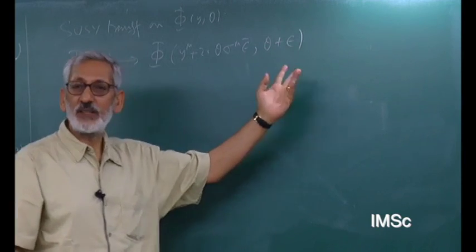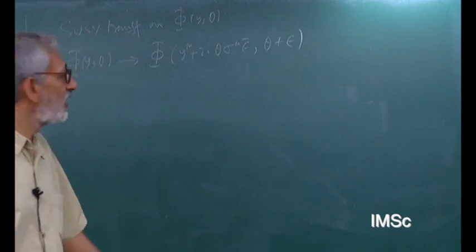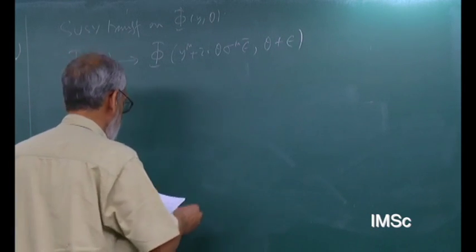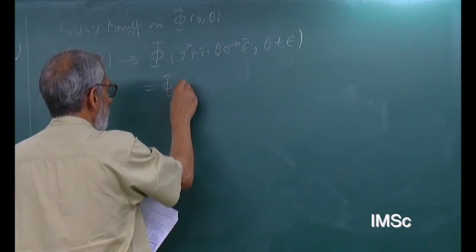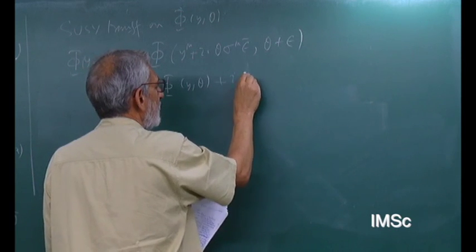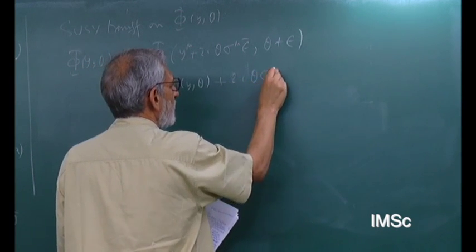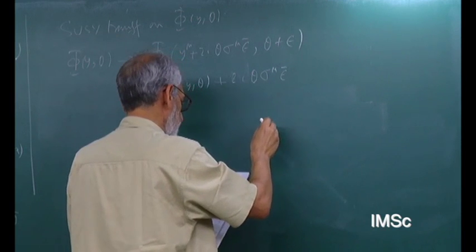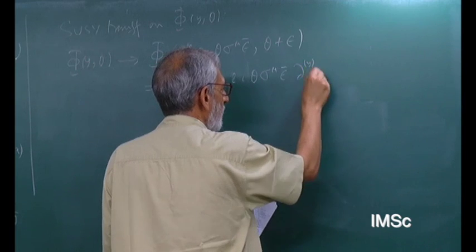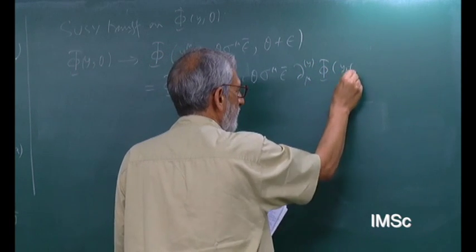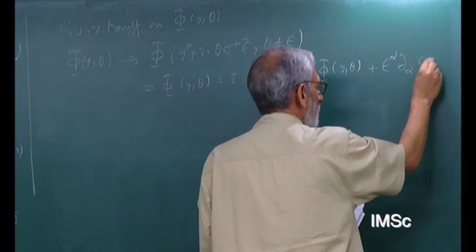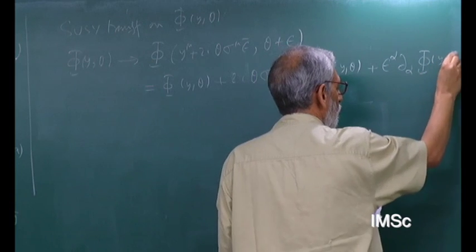And now let me just make a Taylor expansion of this around y and theta. What do I get? Phi of y, theta plus 2I theta sigma mu epsilon bar d mu y of phi of y, theta plus epsilon d alpha of phi of y, theta.